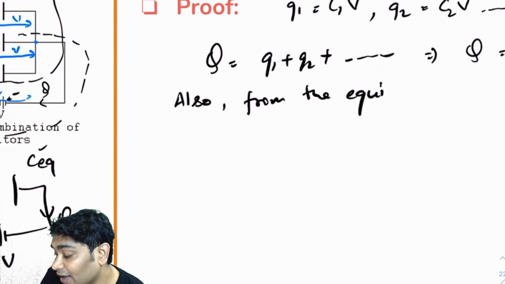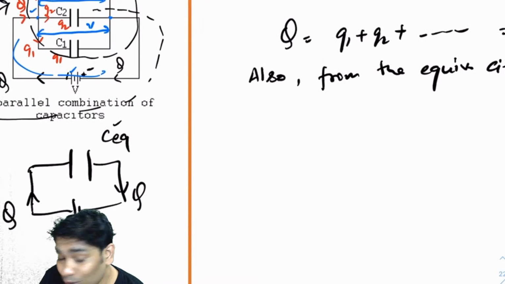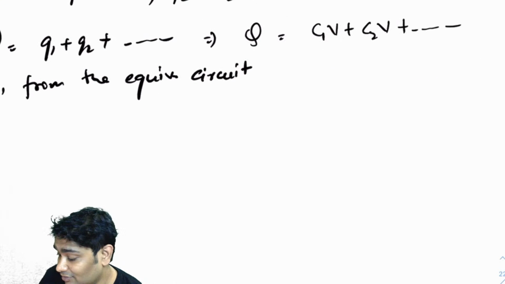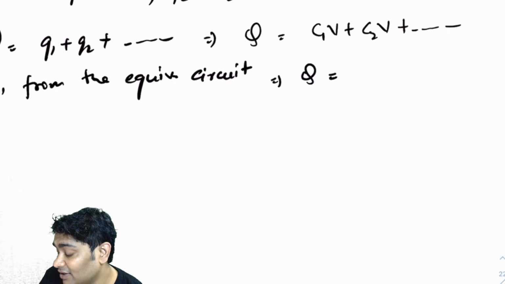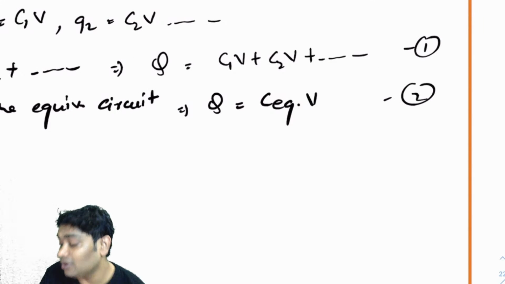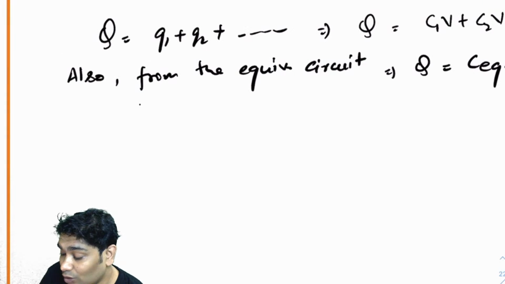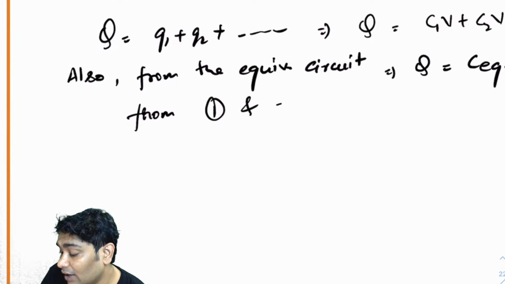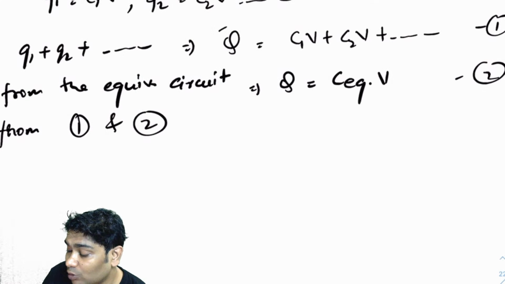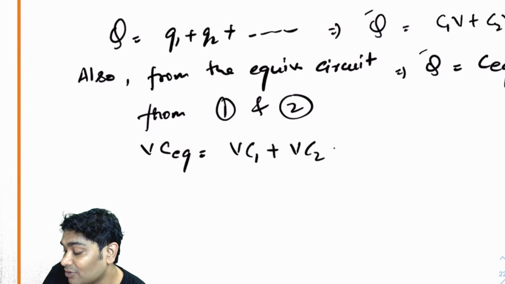From the equivalent circuit, I can say that Q equals C equivalent times V. Alright, so this is my first equation, this is my second equation. Now all I need to do is equate 1 and 2. From equation 1 and 2, I can equate both these Q's and I get that C equivalent times V equals V times C1 plus V times C2.